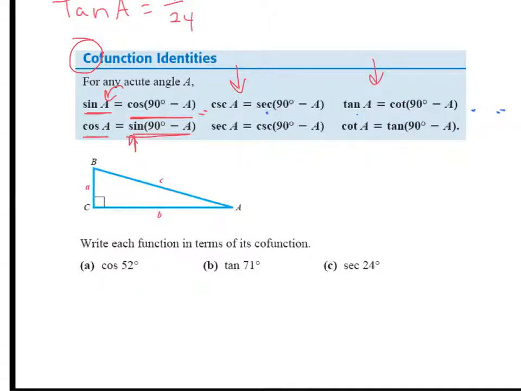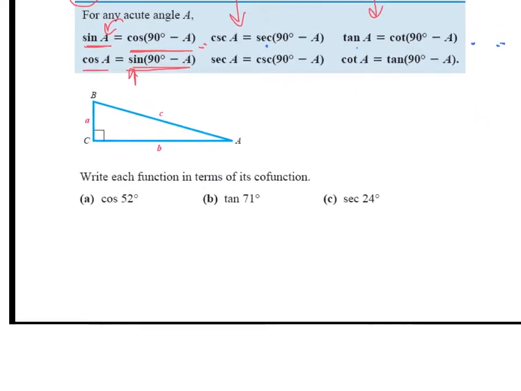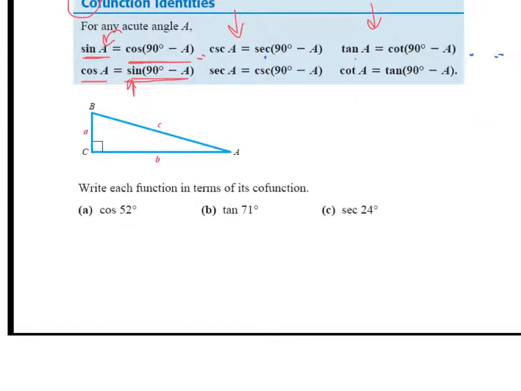So the directions here say, write each function in terms of its cofunction. So if we do that, we're going to look at cosine of 52. So cosine of 52 is going to equal sine of 90 minus 52.